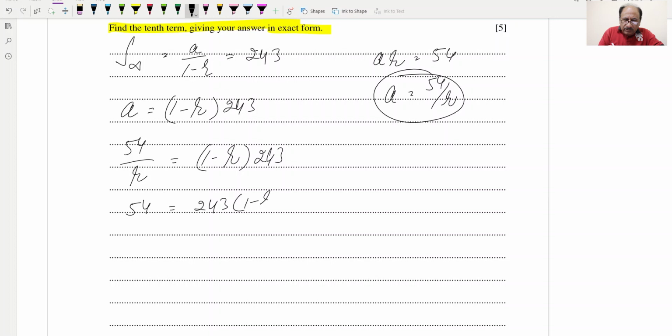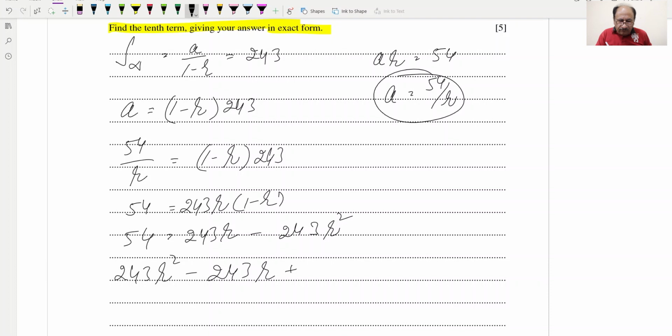So further we can cross multiply, so it will be 54 is equal to 243 into 1 minus R. Basically it should be 243 R into 1 minus R, and now we can open the bracket, so it will be 243 R minus 243 R squared, and we can shift everything to the other side, so it will be 243 R squared minus 243 R plus 54 is equal to 0.